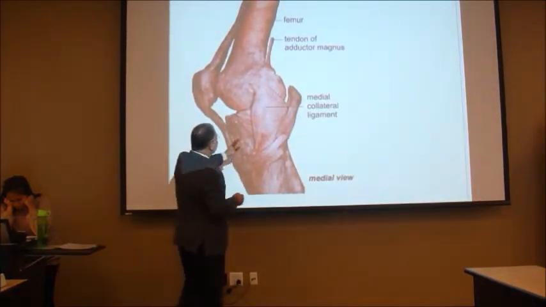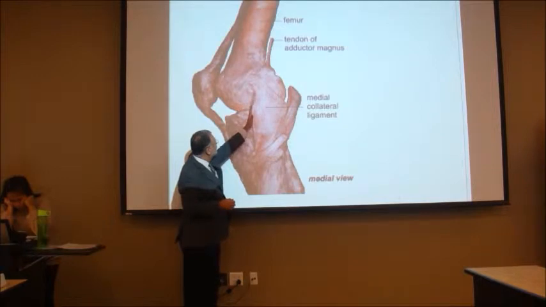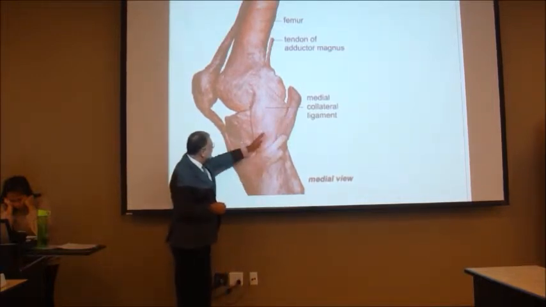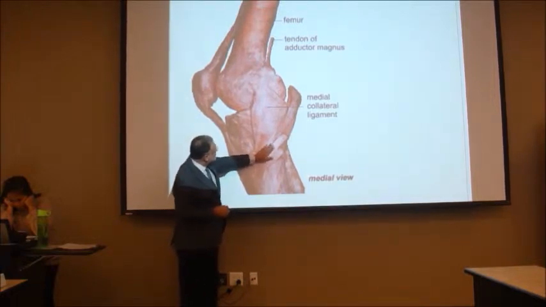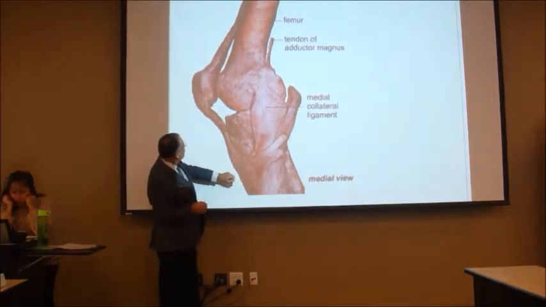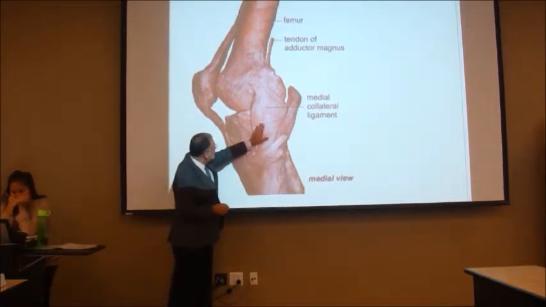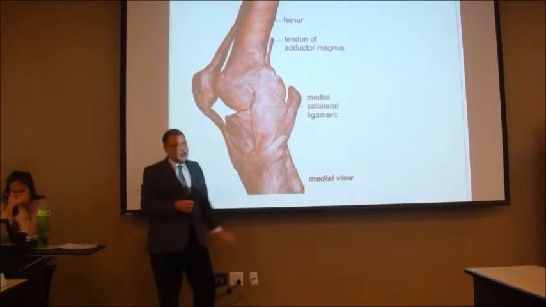As you can see here, the medial collateral ligament does go posterior and ends up on top where the pes anserinus is. Most likely this might be part of the semitendinosus and gracilis muscle where the medial collateral ligament reaches distally.